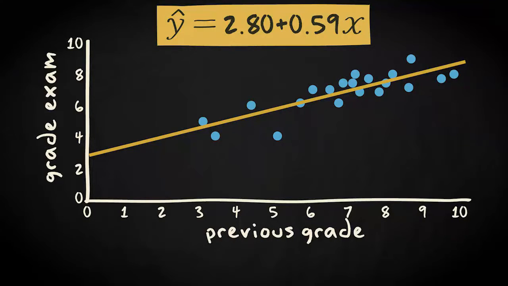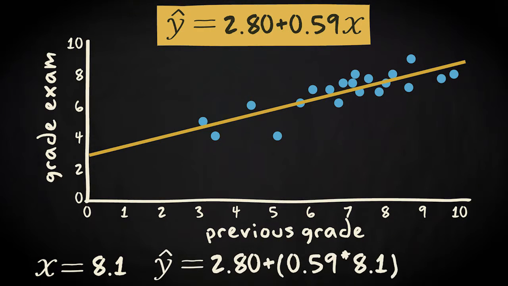When you ask your neighbor what his previous grade was, you can use the regression line to predict what most likely would be his present grade. Imagine that the previous grade was an 8.1. When you use the regression equation, you get 2.80 plus 0.59 times x. That equals 7.6. Thus, the present grade would most likely be a 7.6.